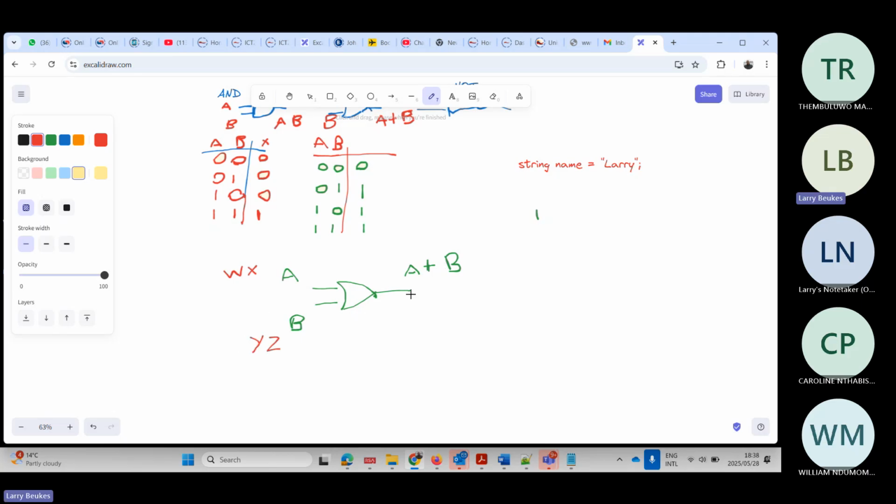The output here will be WX. So we see this whole thing as A, right? The output will be this whole thing plus this thing. So that's what I'm saying. This is just a variable. In this variable, you OR it with this variable here. Sorry, this is YZ. Are you guys with me?